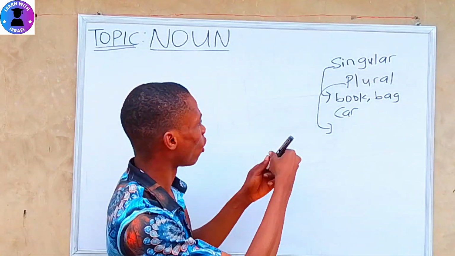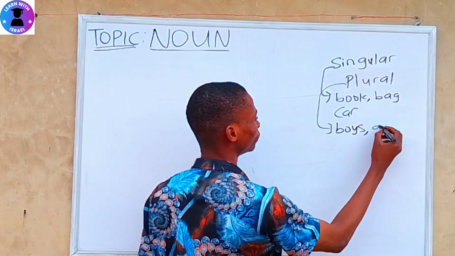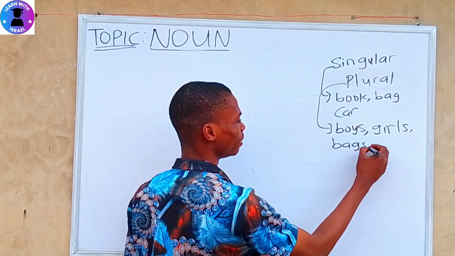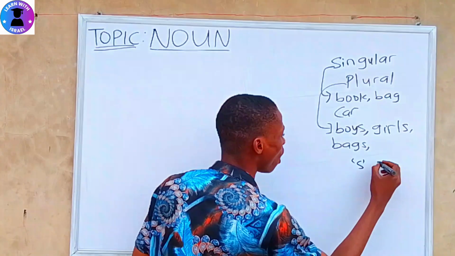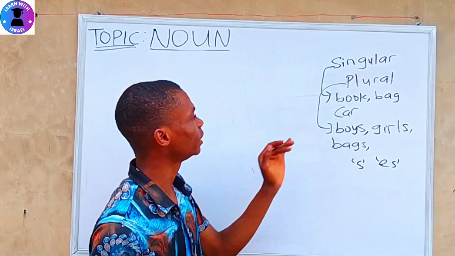So we can now say for plural, we have boys, we have girls. For plural, we have bags. And most plural involves adding of s or es.